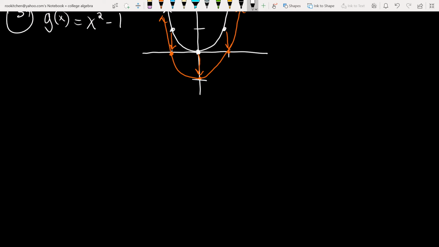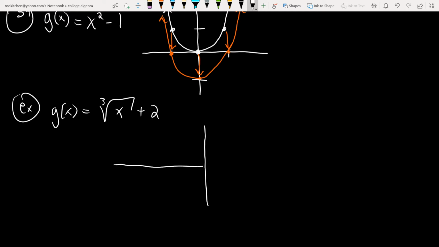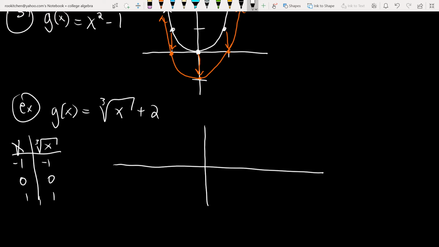Let's look at one more. Another example, g of x equals the cube root of x plus 2. Let's get some points on the cube root of x. If you put in -1, you'll get out -1. If you put in 0, you get 0. Cube root of 1 is 1. So those 3 points, -1, 0, and 1, are on the graph.